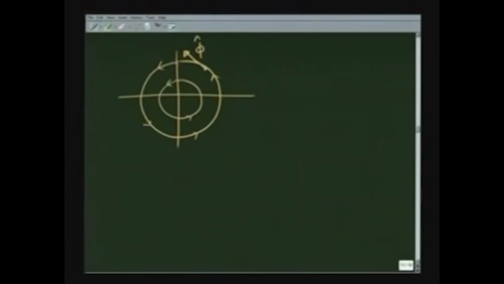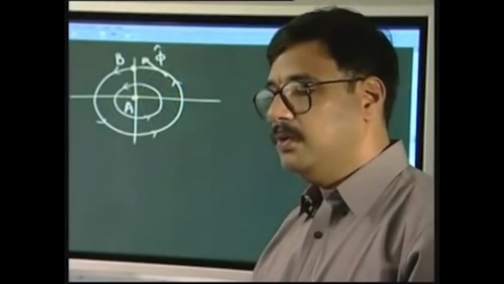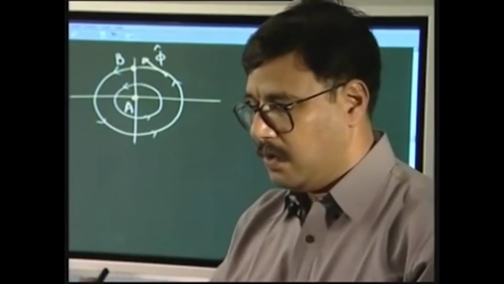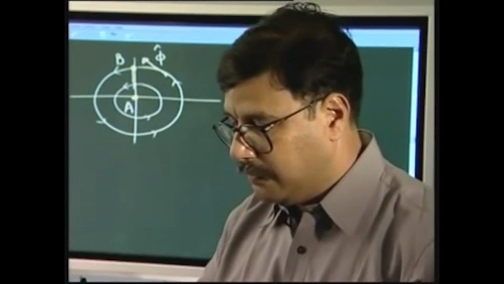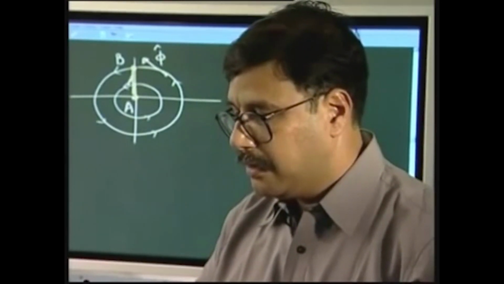Let me then take a particle from point A to point B through two different paths. Path 1, let it be this one, A to B directly, and path 2, let it be like this, A to C and C to B like this. Let this point be C.